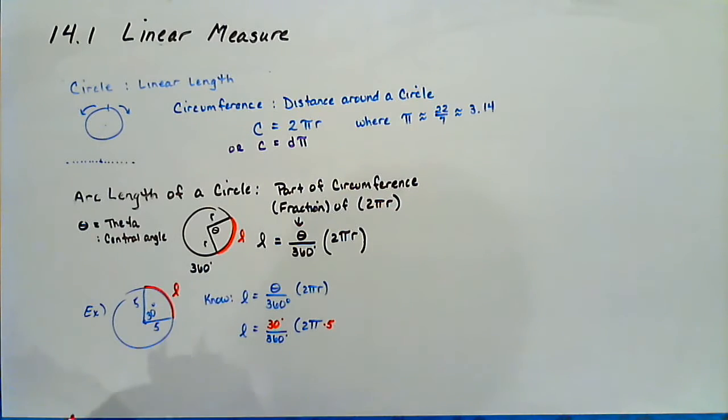I didn't give you units, so we would just call it units. Degrees reduces with degrees, so I'm left with 1/12. 2 times 5 is 10. Reduce 10 and 12 by 2, so I get 5 pi over 6 units, because I did not tell you what unit of measure to use.